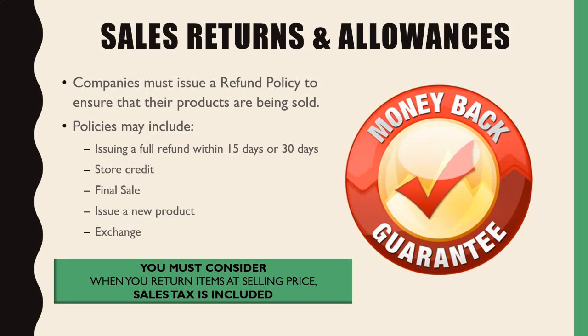Okay? And then other ones could be issuing you a new product. So for instance, if it's a damaged good, sometimes I know Amazon used to do this, where you can complain that you have a broken product. They don't require you to ship it out, and they give you a new one for free. All right. So again, a lot of these company policies are in tune with 100% customer satisfaction.